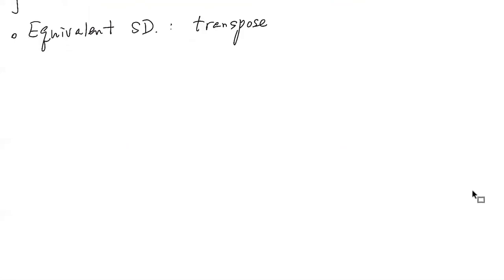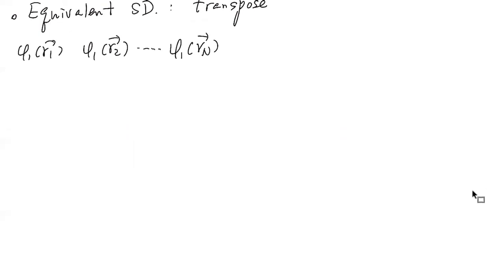That is to say, if you write down the determinant as phi 1 R1, phi 1 R2, until phi 1 Rn, this is the first row. The second row is phi 2 R1, phi 2 R2, until phi 2 Rn.